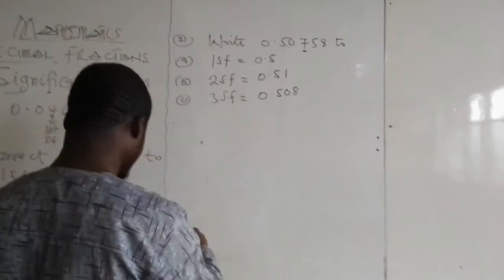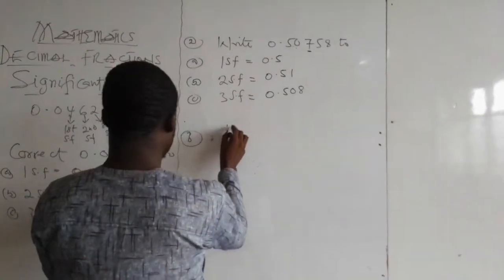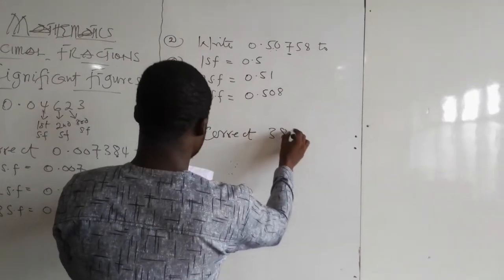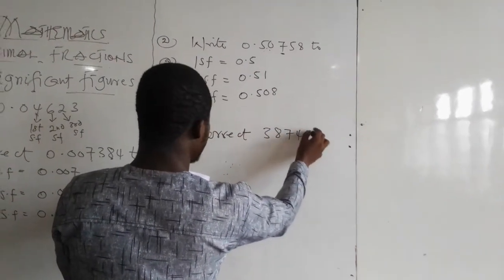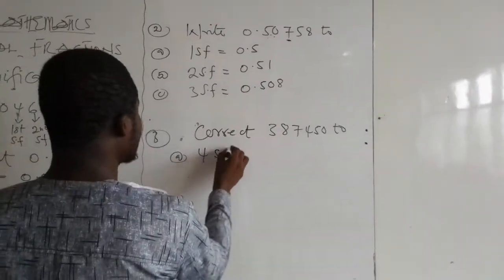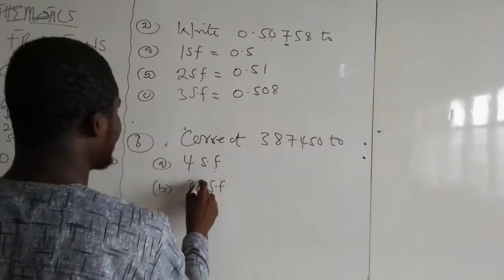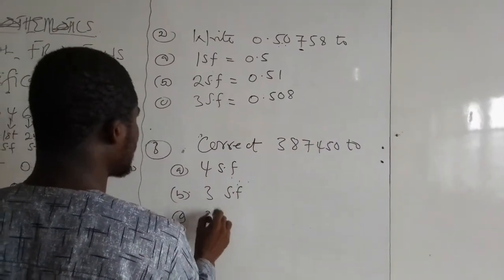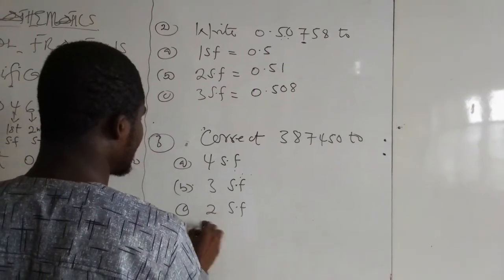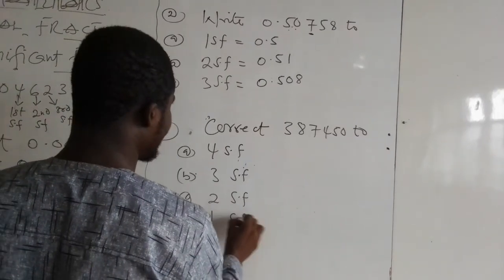Next example. Now, example 3 says: correct 387,450 to A) 4 SF, B) 3 SF, C) 2 SF, D) 1 SF.